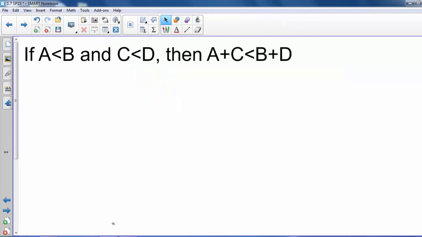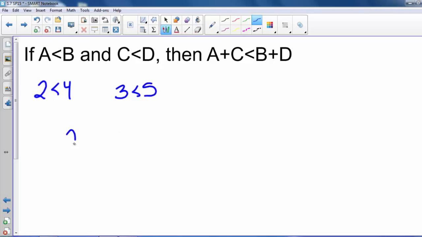Our other rule is that we can add two inequalities together. So if A is less than B and C is less than D, then A plus C is less than B plus D. For example, if 2 is less than 4 and 3 is less than 5, then 2 plus 3 is less than 4 plus 5.